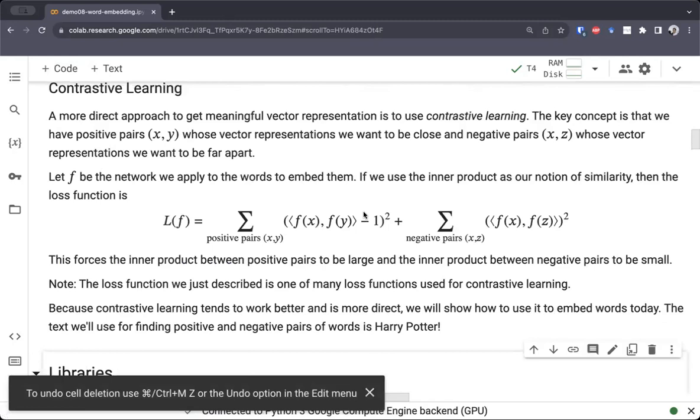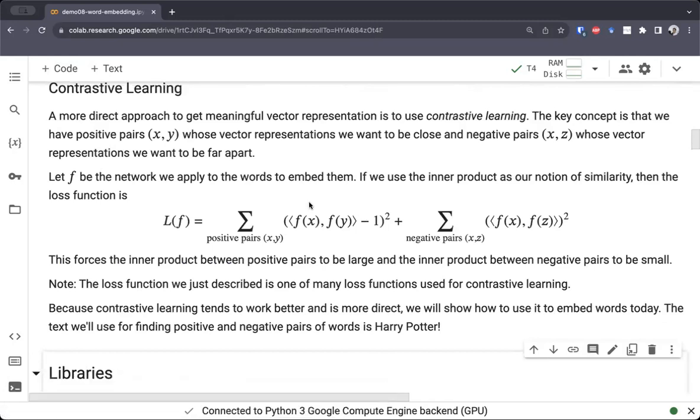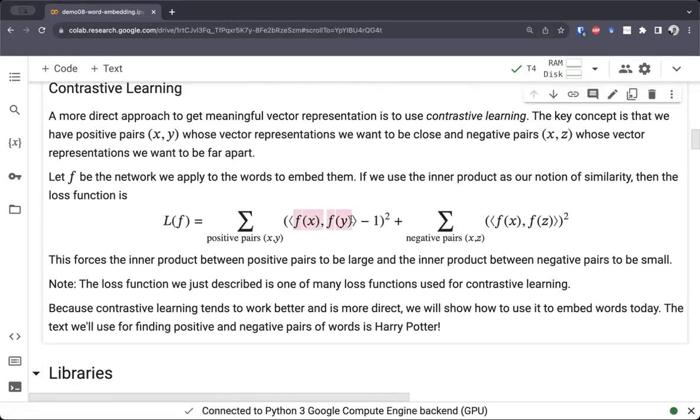So let F of X be the embedding of X and F of Y be the embedding of Y. We want the inner product between these two, which is a measure of similarity for vectors, to be close to 1. So one way we can enforce this is to take the difference between the inner product and 1 and square it. Now, to achieve a small loss here, we need to make sure that this inner product is indeed close to 1. This is for positive pairs X and Y, which we know are similar.